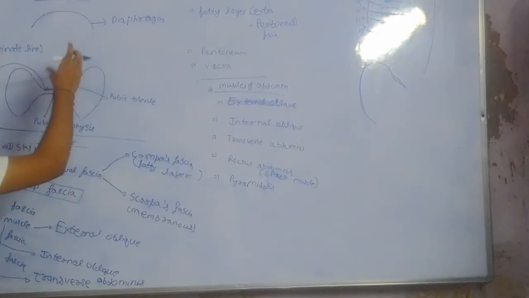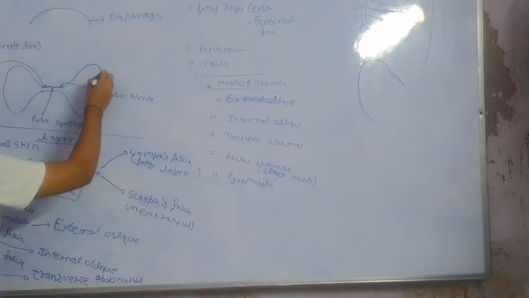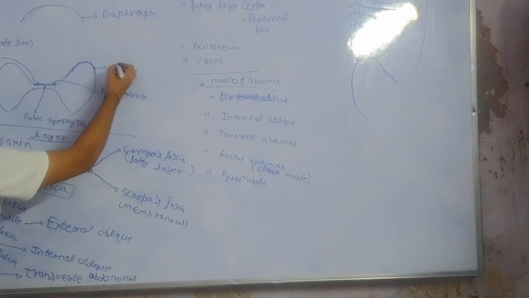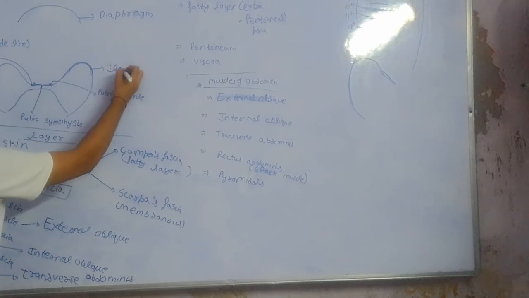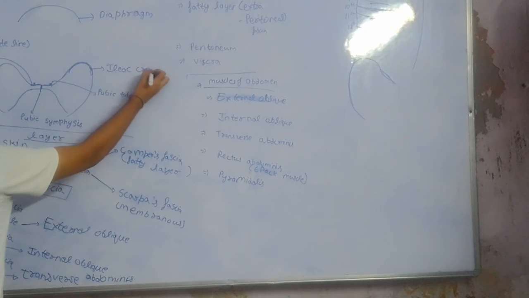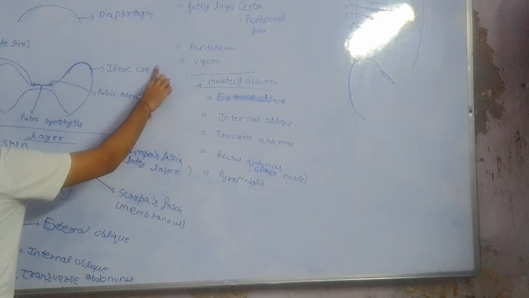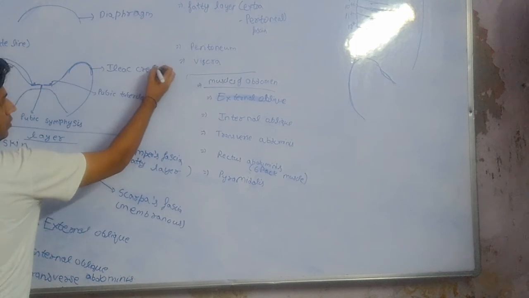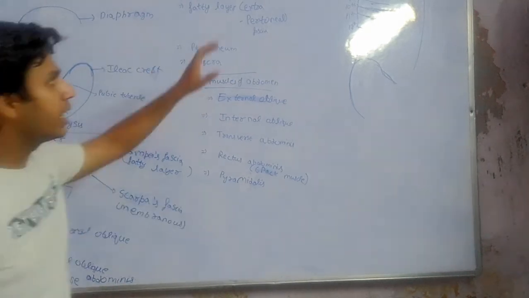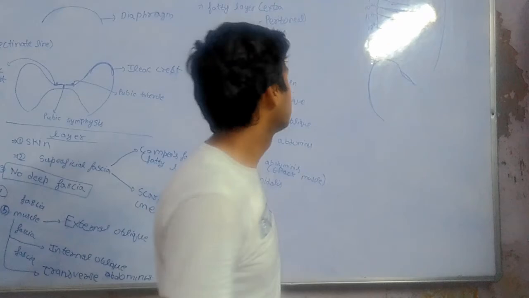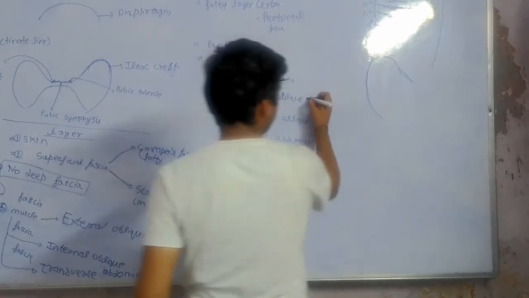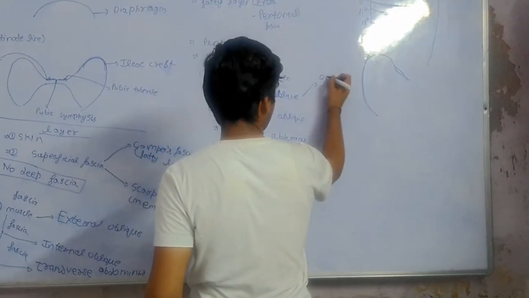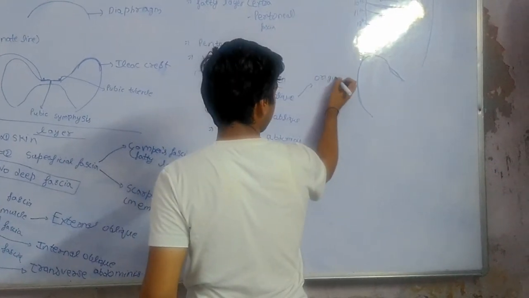Remember, this is iliac bone. The margin of this is called iliac crest. It takes origin from upper 8 ribs. Let's write its origin. This is the origin of every muscle.